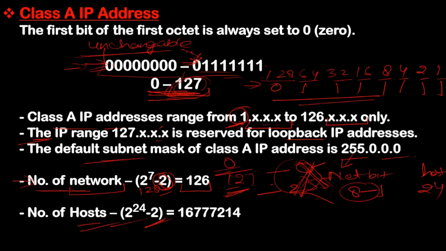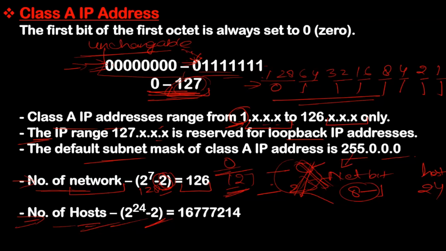Which means if we talk about class A, we can create only 126 networks. If we talk about hosts, in the host part we have 2 power 24.